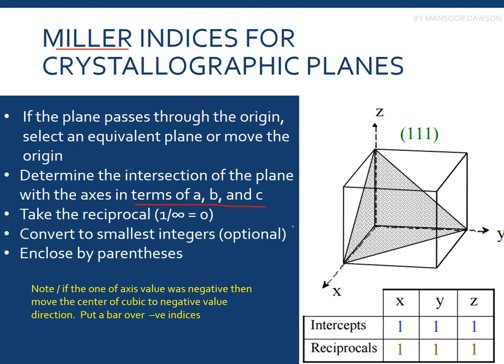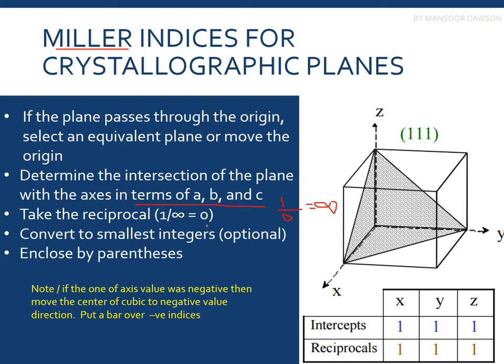If your intercept is 0, then 1 upon 0 would be infinity. We'll also discuss how to plot this infinity. Then we have to simplify it, converting to the smallest integers, which is an optional step, and enclose it in parentheses, which is used to identify the Miller indices for the crystallographic planes.